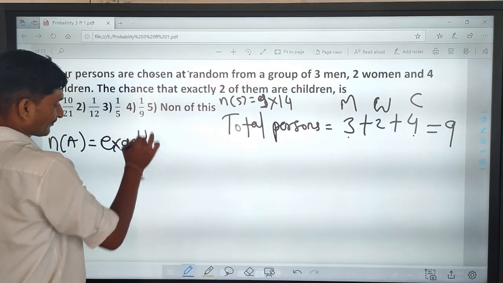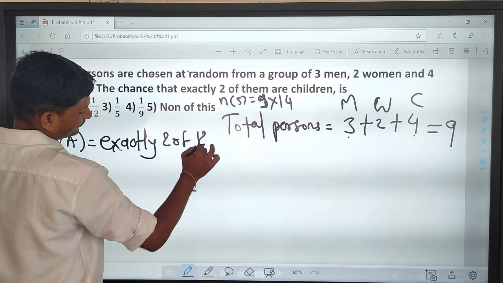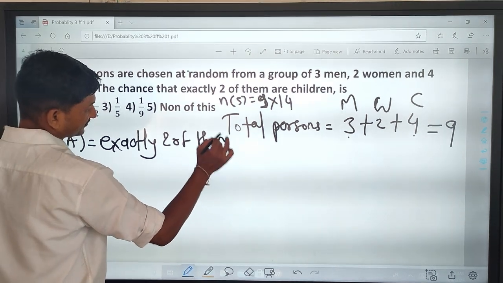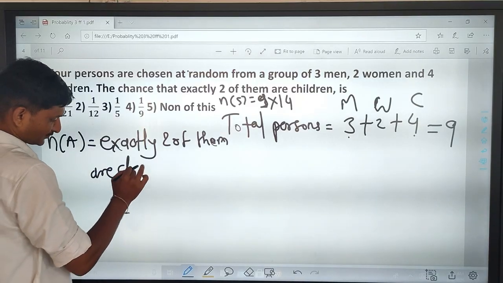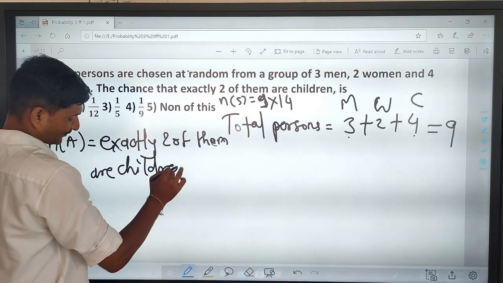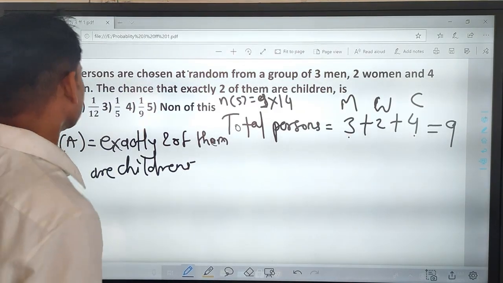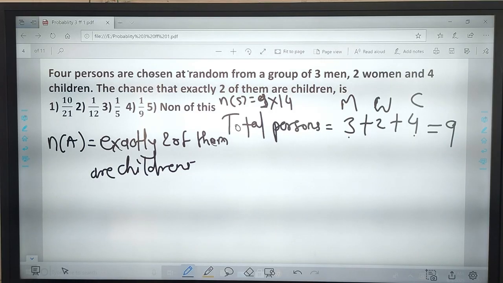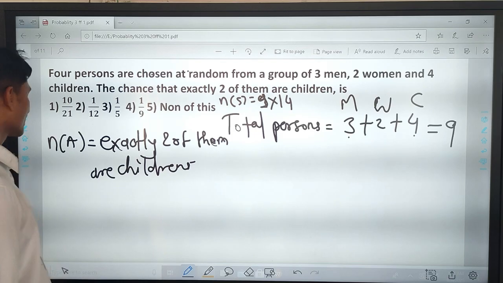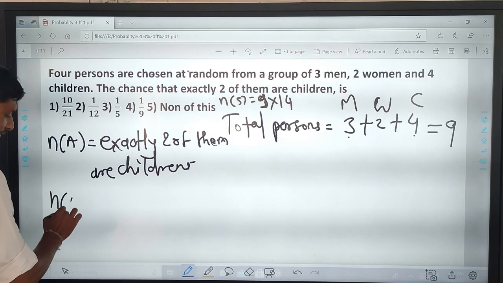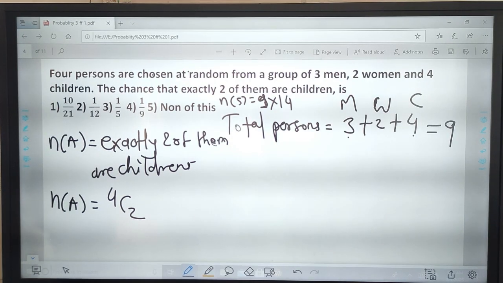Exactly 2 of them are children means out of 4 children, 2 children are selected.